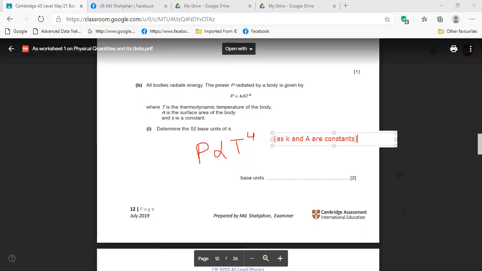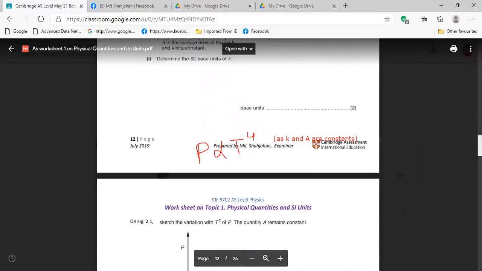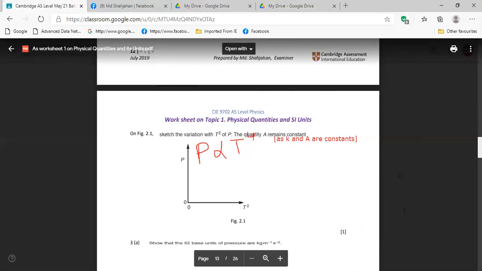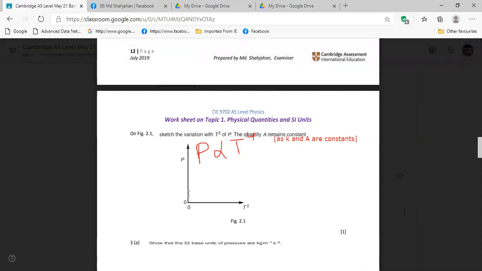Tell me why. Sir, it is variation with t square of p. And that is the appropriate explanation, with decreasing gradient.